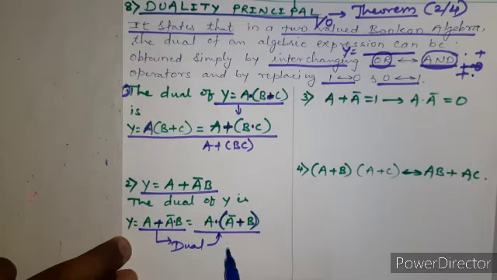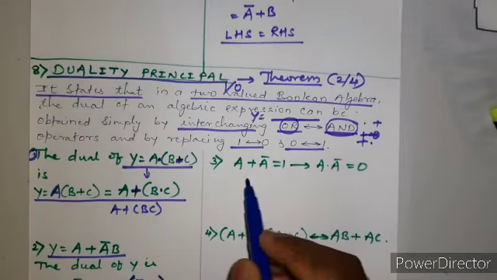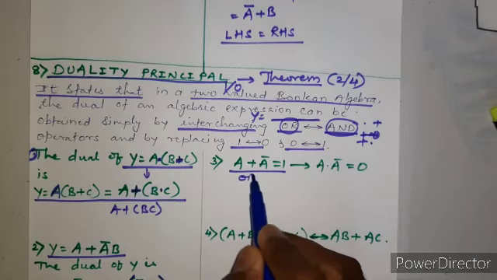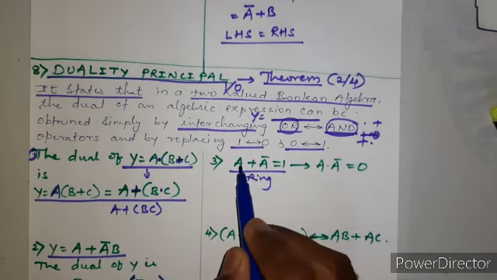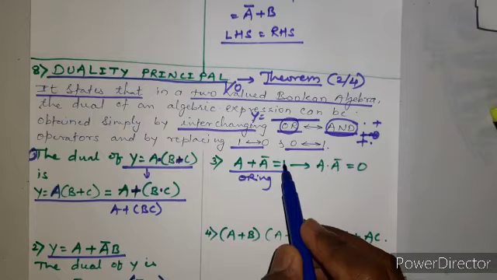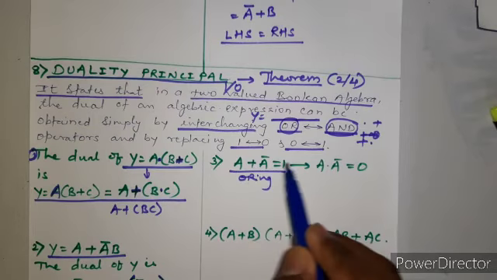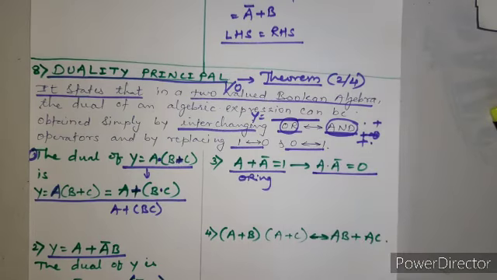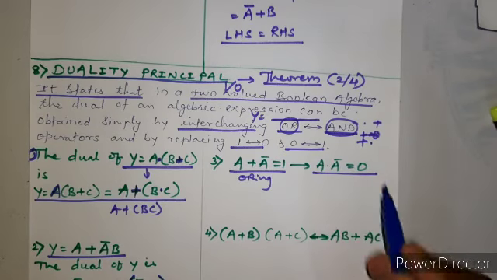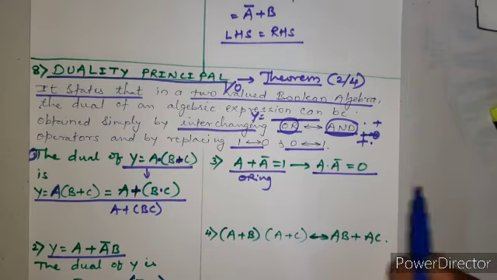So the dual of this equation is this one, right? This is ORing law. We have seen the equation is A plus A bar equal to 1, right? So replace this plus by dot and 1 by 0. That is what we have done here. A dot A bar equal to 0, right?